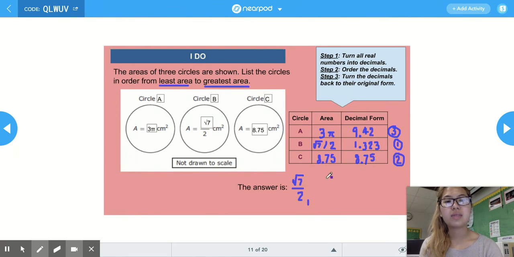Then 8.75 was 8.75. And 9.42 was originally 3 pi. So our answer is square root of 7 over 2, and then 8.75 and 3 times pi.